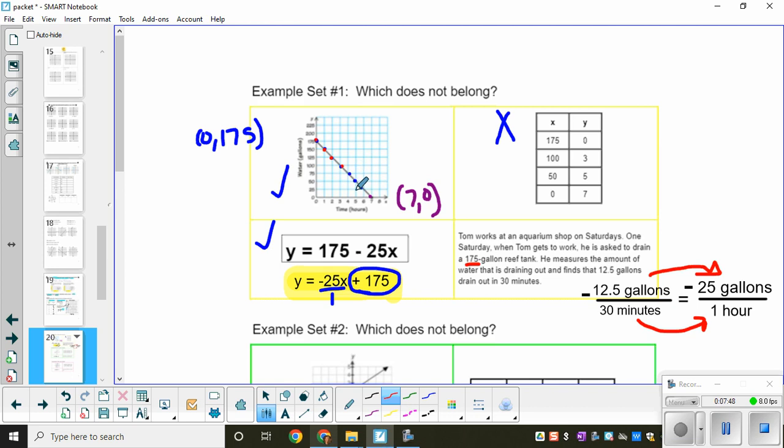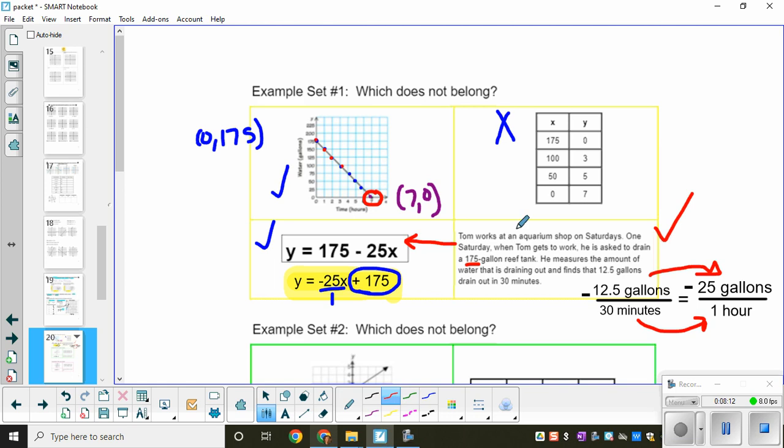And when we get all the way to this point, what this is indicating, y'all, is that the tank is finally empty. And it took 7 hours for the tank to drain all the way. So yes, that's what this equation right here is showing. It shows it starts out at 175 and it loses 25 gallons per hour. So this does in fact match up.